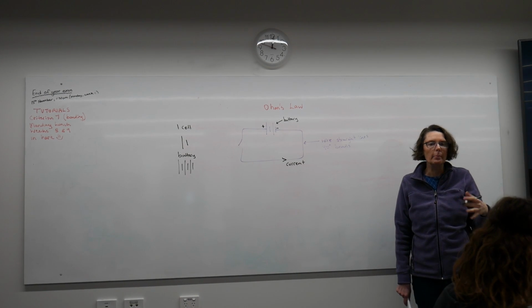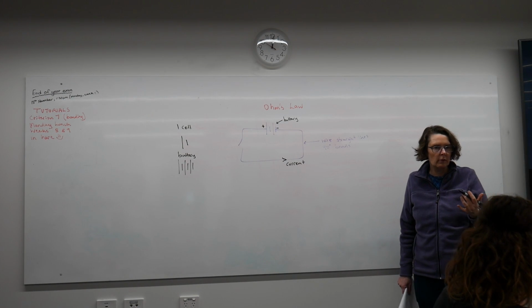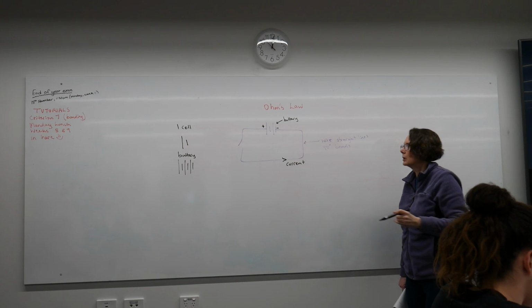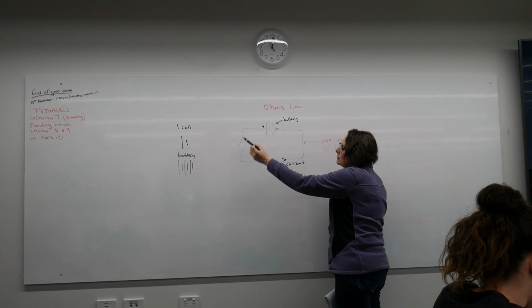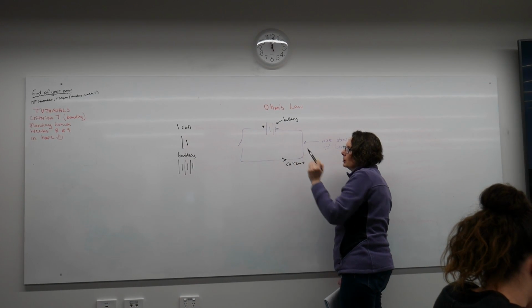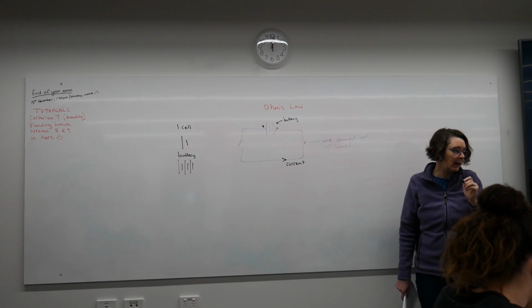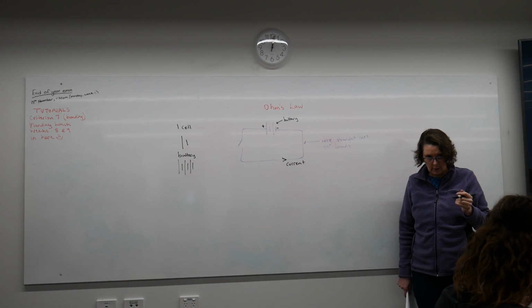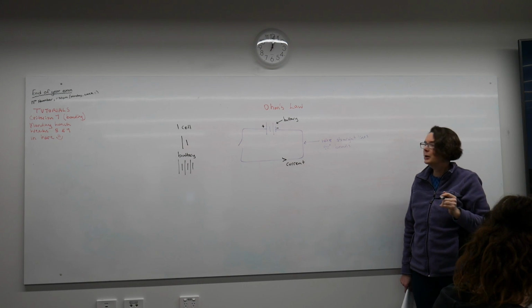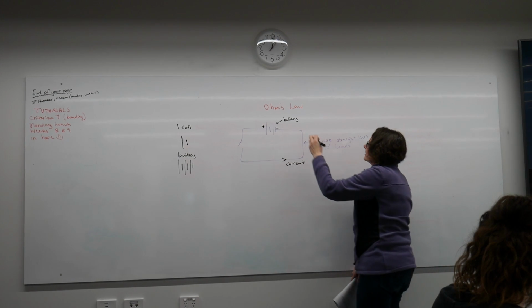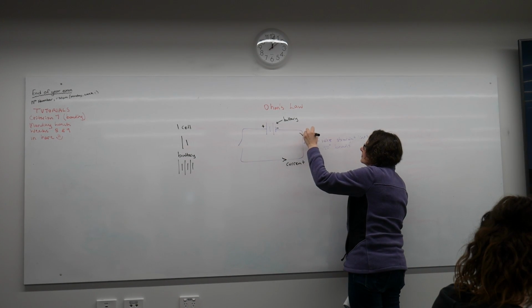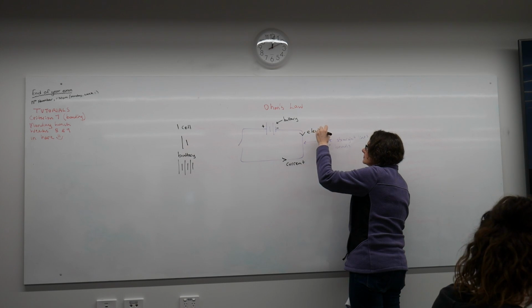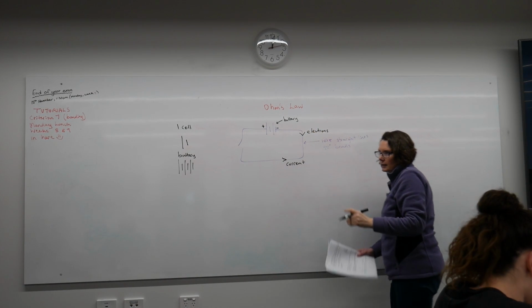Right, so by definition, current is a motion of positive charge, and so it would be moving away from the positive terminal and towards the negative terminal. But we know, in fact, that it's the electrons that move, and so what's the direction? Clockwise. They're going to move clockwise. Yeah.